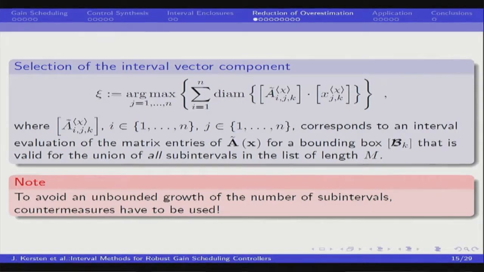And yes, the problem here is that we get so many subdivided intervals that we need to reduce the growth of the number as well. So we need another countermeasure to apply.